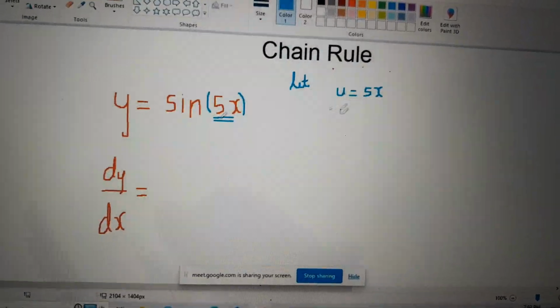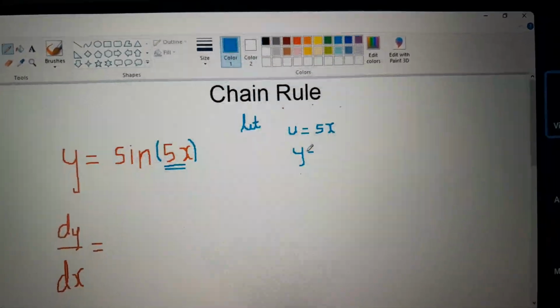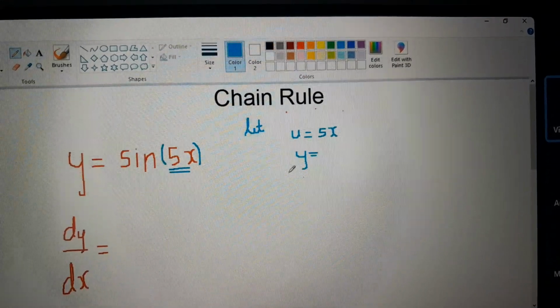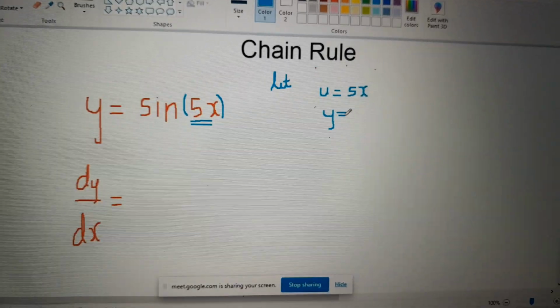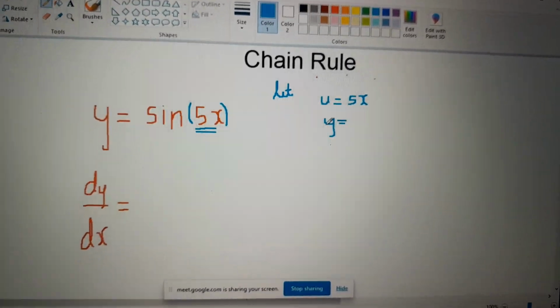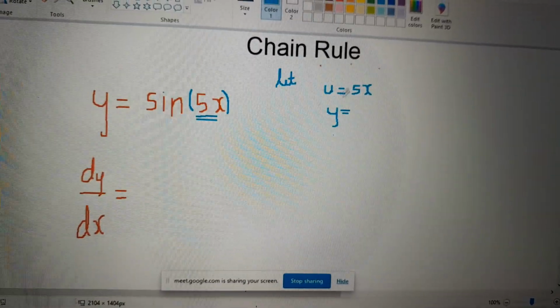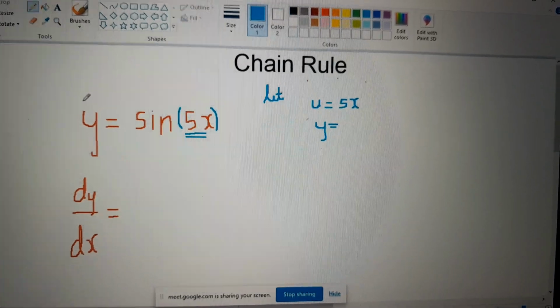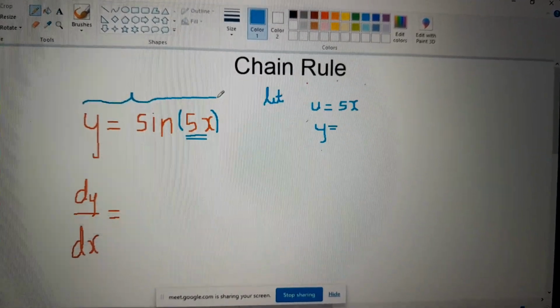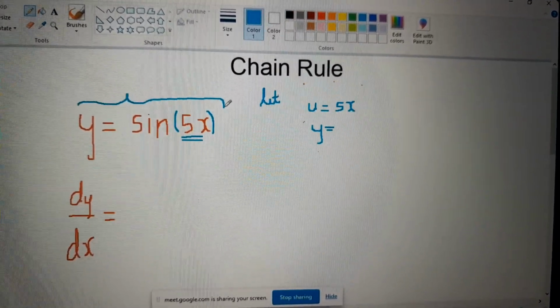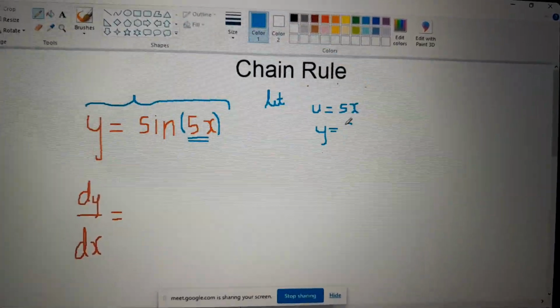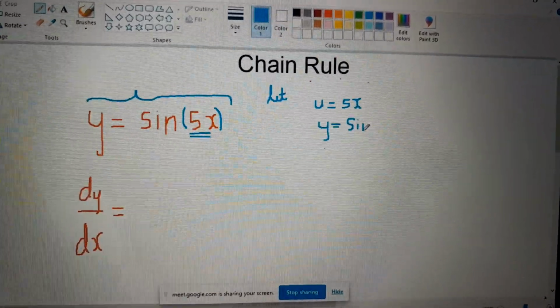So therefore, what will y be equal to? If u is equal to 5x, then when we rewrite y as a function, what will y be equal to? Sine u, sir. Excellent, sine u.